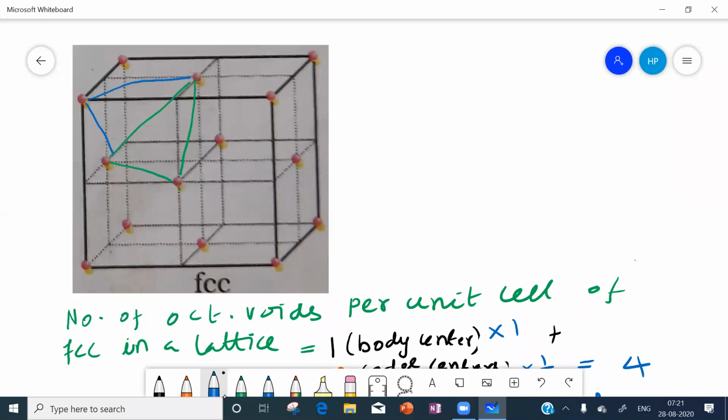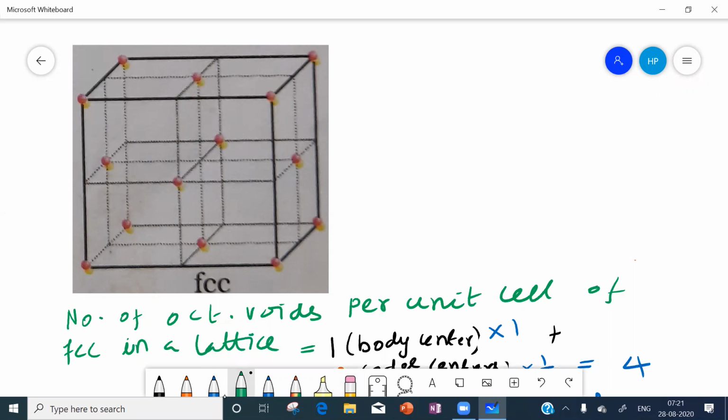This is one triangle. Next these two will join. So how many triangles did we get? 4 triangles we got. Therefore, it is a tetrahedron. So you are saying that this is a tetrahedron.